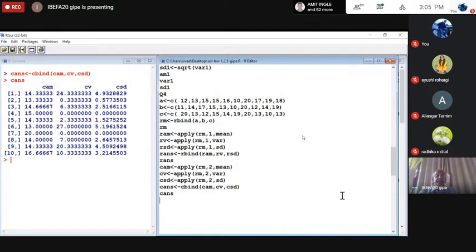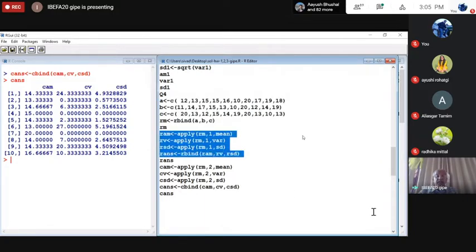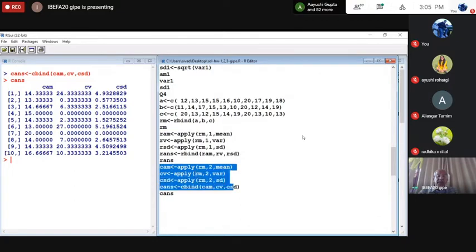I repeat, I have data here. I prepared a row matrix, 3 rows. On the same, I computed for the divisions and I computed for the students.